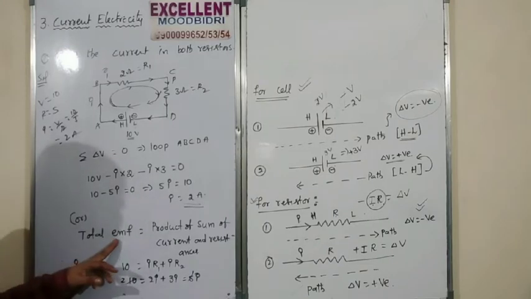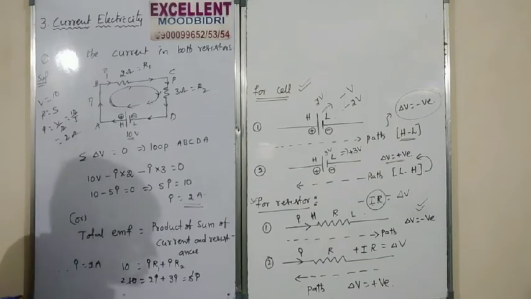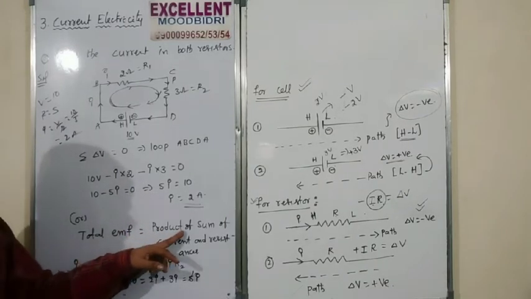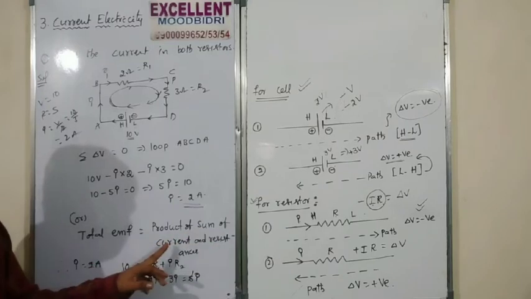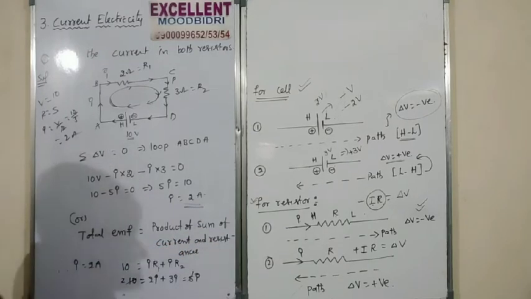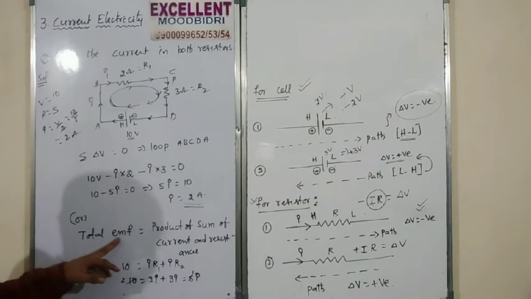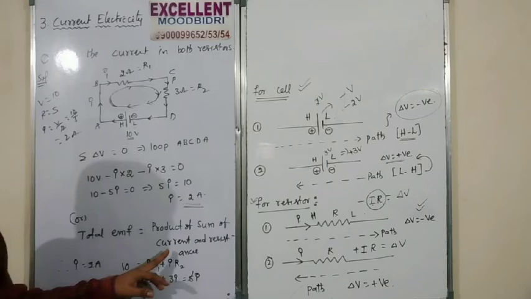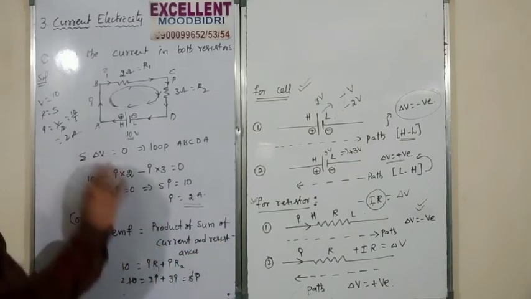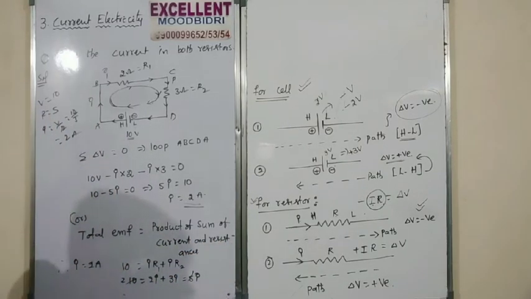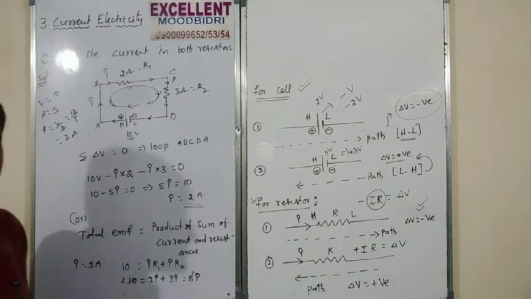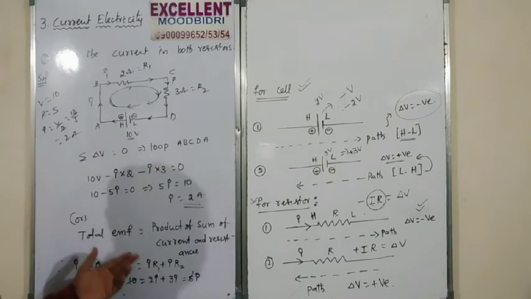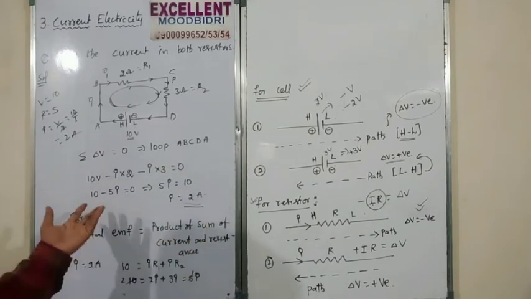The total EMF is equal to the sum of the products of current and resistances in the given circuit. That is the Kirchhoff voltage law. This one is also a correct answer.